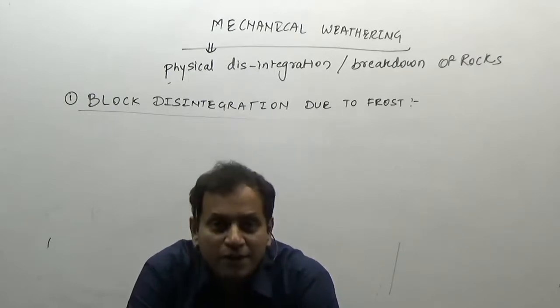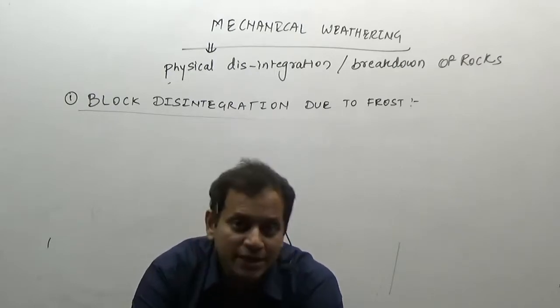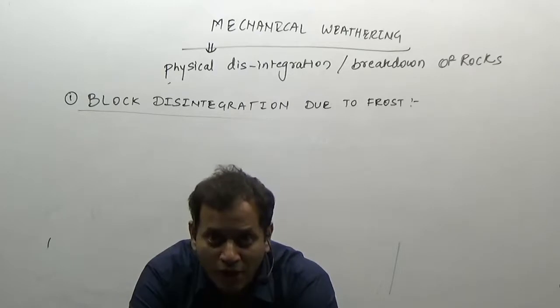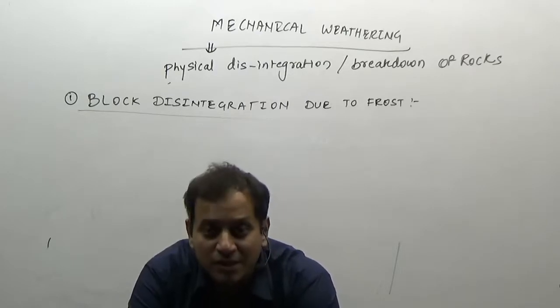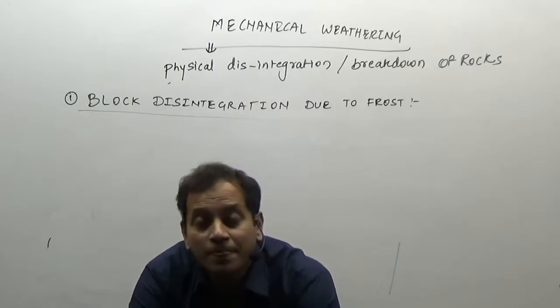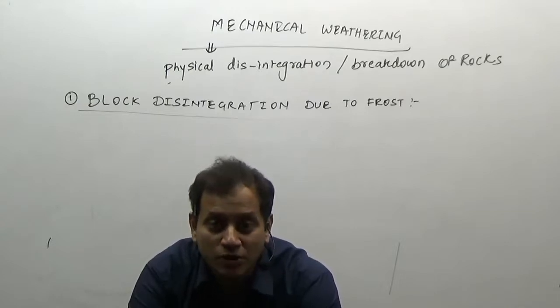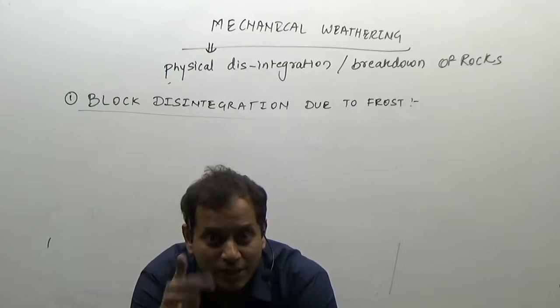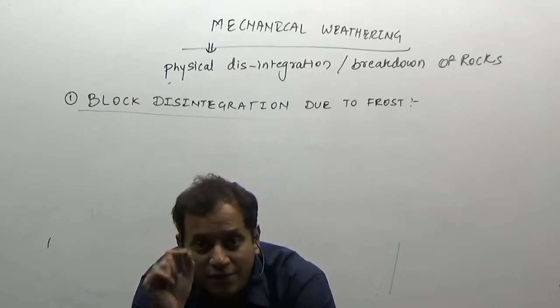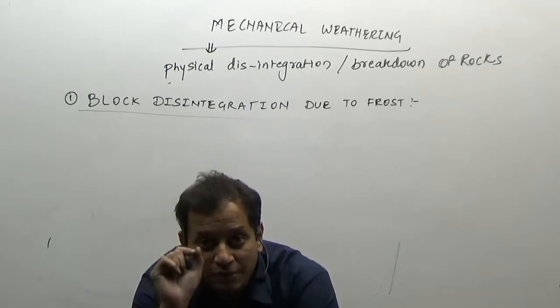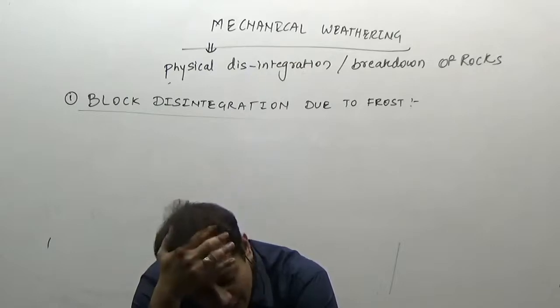This alternate freeze-thaw action of water results in expansion of the crevices, or joints, in the rock. So this kind of weathering affects well-jointed rock in a cold region.